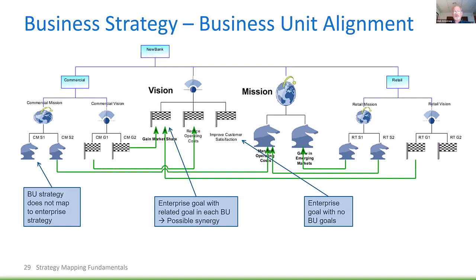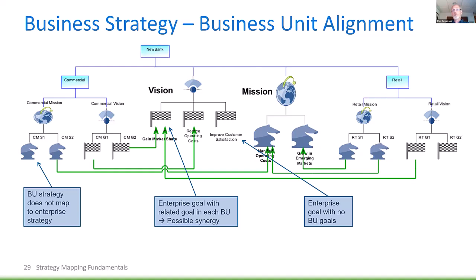It's okay, for example, on the very left, where there's a business unit strategy, CMS1, that does not map to an enterprise strategy. That's okay, because we often want to give different business units and product lines some flexibility to do innovation that makes sense for their customer and their markets that may not be directly related to the goals of the enterprise.